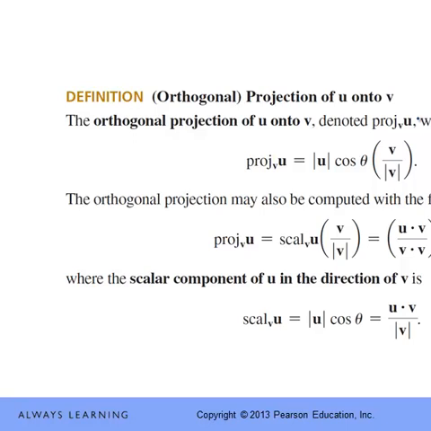So let's just see if this makes sense. Think about this cosine theta here. That's probably the missing piece. Remember, cosine theta, you could write this as u dot v over magnitude u times magnitude v.